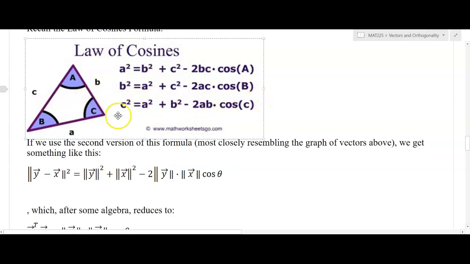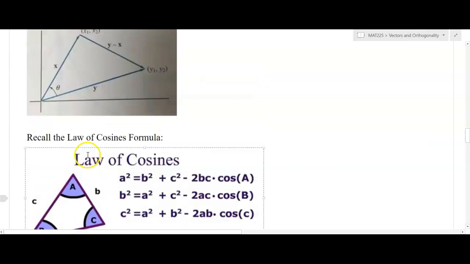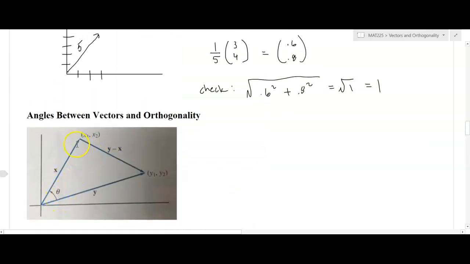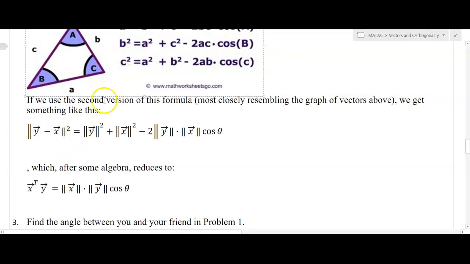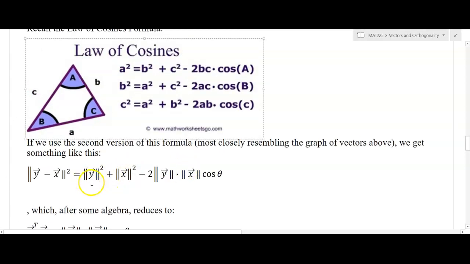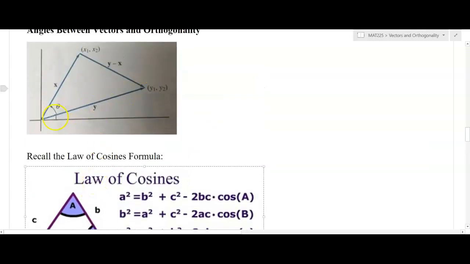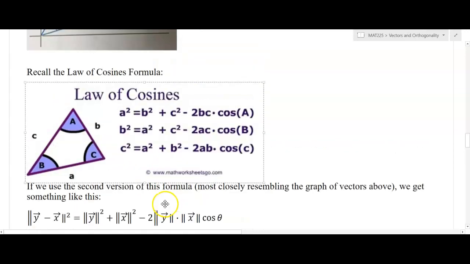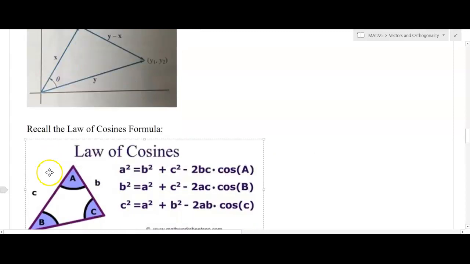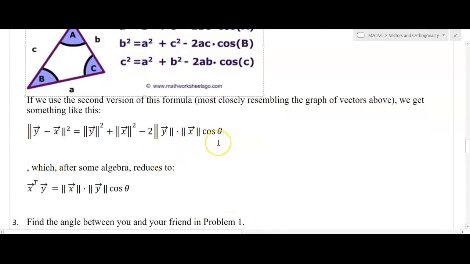So cosine of c means we're hunting for c here. We want this angle, therefore we want the magnitude of y minus x squared, and then we have cosine theta over here, equals the other side, length squared, plus the other side, length squared, minus 2 times the product of the lengths of the two sides, times cosine theta.